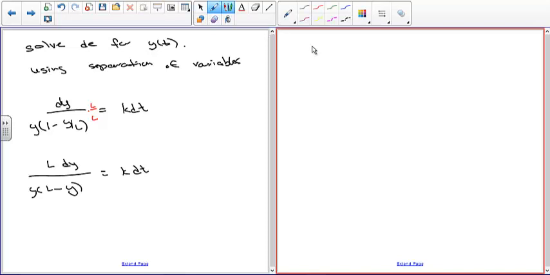We have 1 over y times (L minus y). So I've got a linear term and then a linear term. So I can make this into a over y plus b divided by L minus y. Because I know how to integrate this. It's going to be dy over y, and I can also do dy over L minus y. I've just done that a second ago.